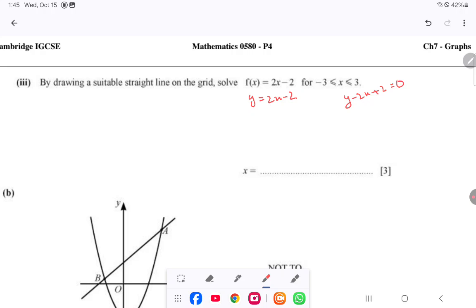The simplest formula of slope is equal to negative of the x coefficient over the y coefficient, which is 2 over 3. Sorry, which is our 2 over 1. This is our slope.